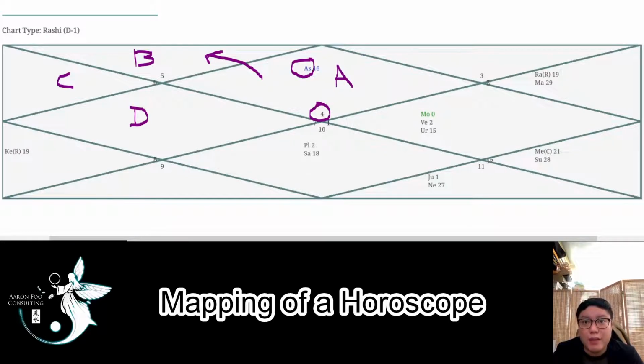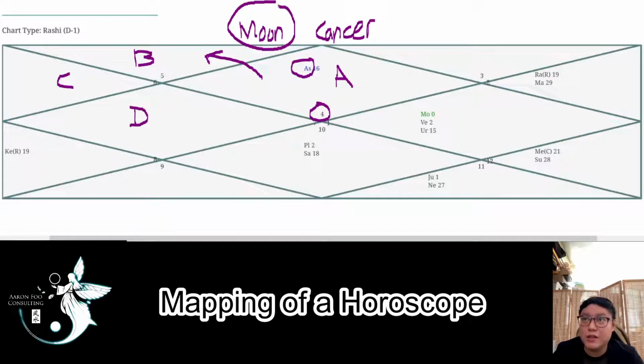And the number down here is our constellation, our zodiac sign, and this depicts the lordship of the house. This shows a Cancer ascendant, because number 4 is Cancer, and the lordship is the Moon, because the Moon owns Cancer.